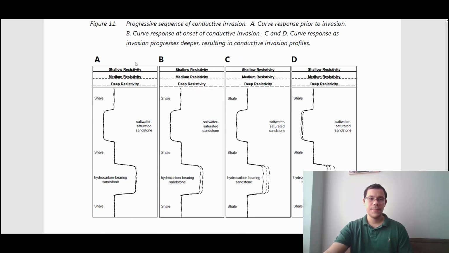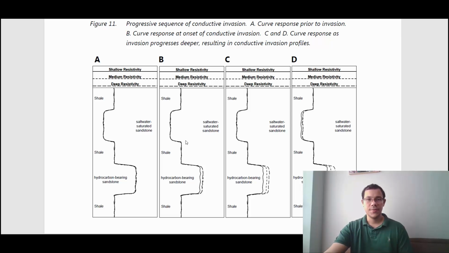This is basically, let's read it. This is a progressive sequence of conductive invasion. A is a curve response prior to invasion, so everything is written the same. Invasion hasn't occurred yet. B, curve response at onset of conductive invasion.